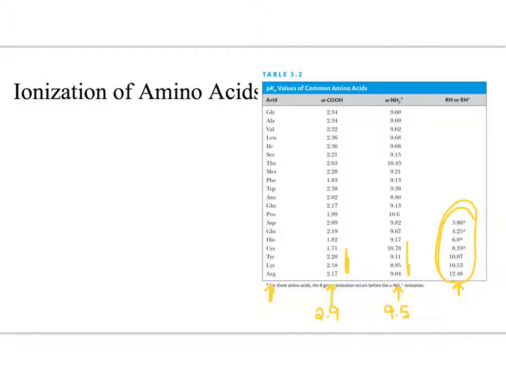So this pKa value is going to tell us approximately what the pH is where that proton is going to be removed. As we're approaching values of about 3, you're going to see that for these common amino acids listed, really for all amino acids, that carboxyl group is deprotonated.